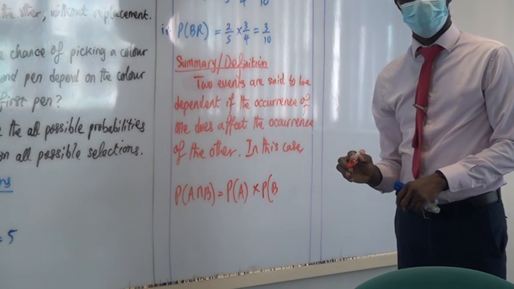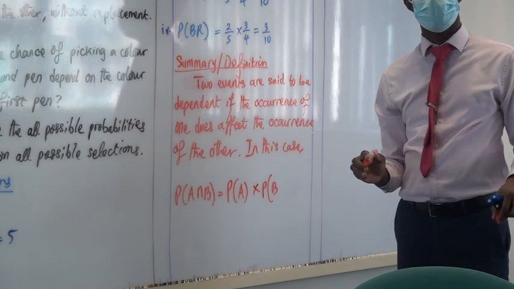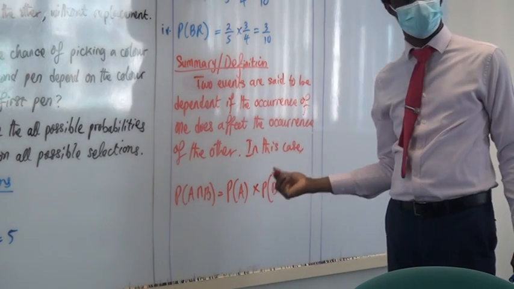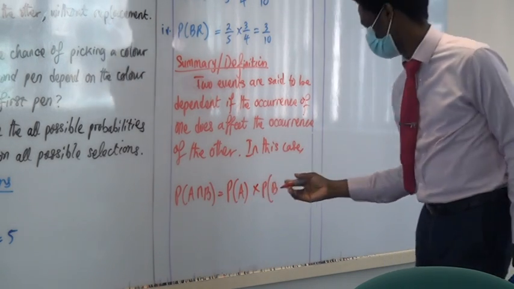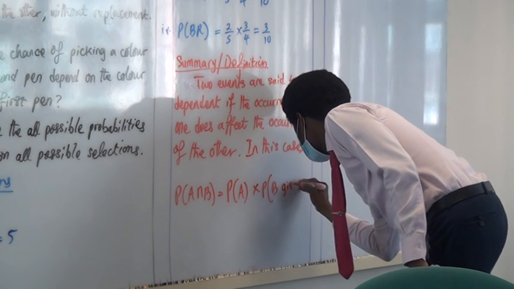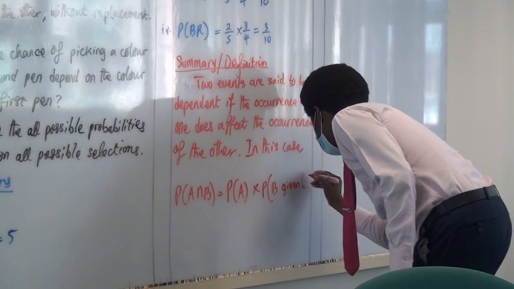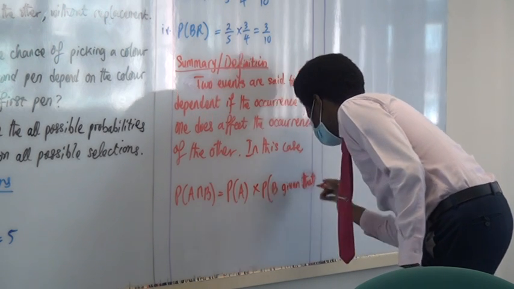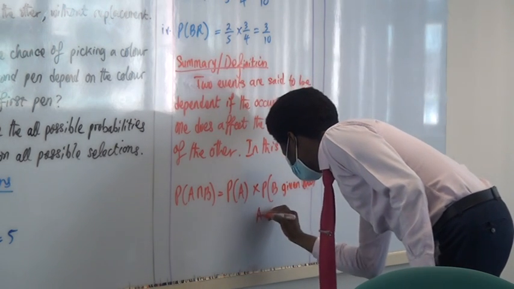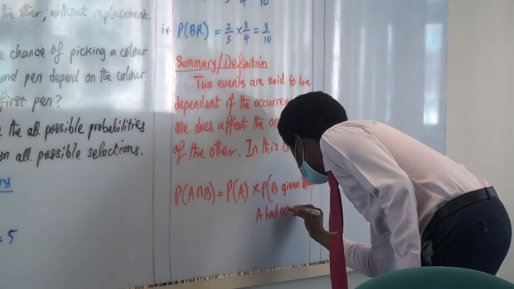Understand that? The probability that B occurs given that A has occurred, because that is the one affected, the second one is affected. Given that A has occurred. I will introduce you to a new symbol tomorrow.